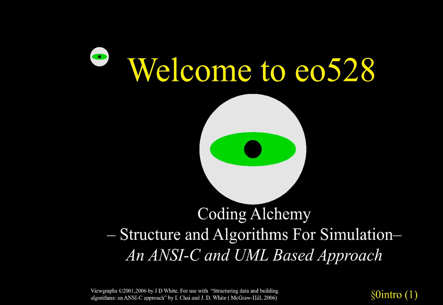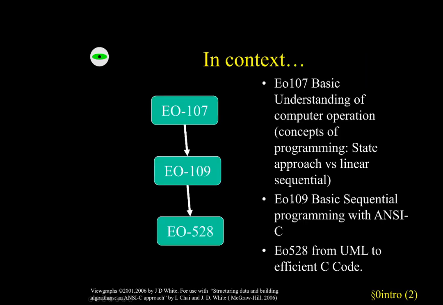So we want to combine the art along with the science together. Our goal is to think about how to program using C and UML based ideas, so we're going to learn a little bit about UML too as we start.